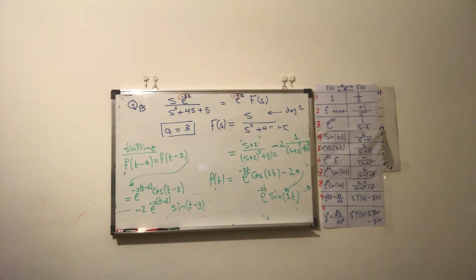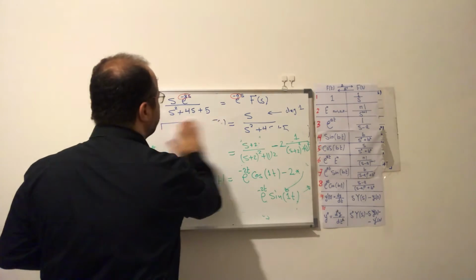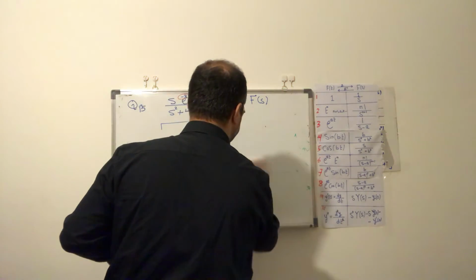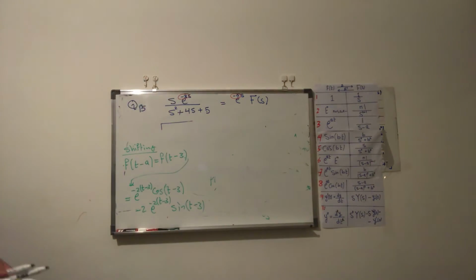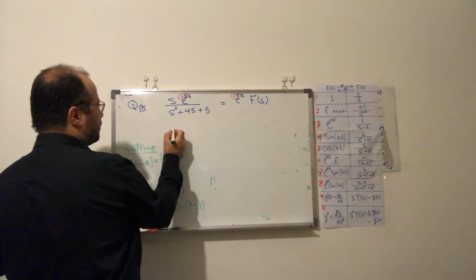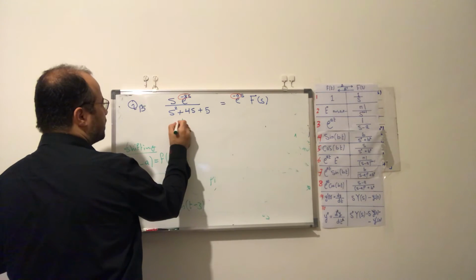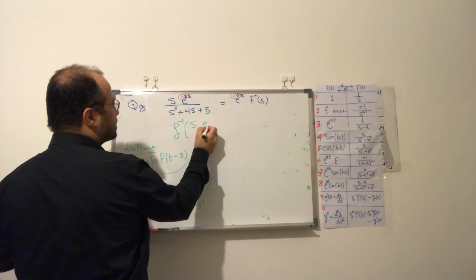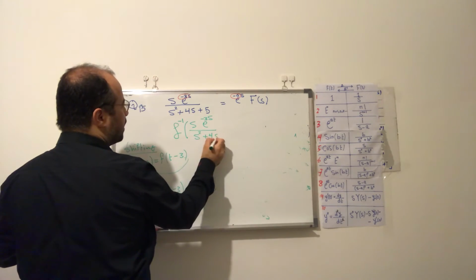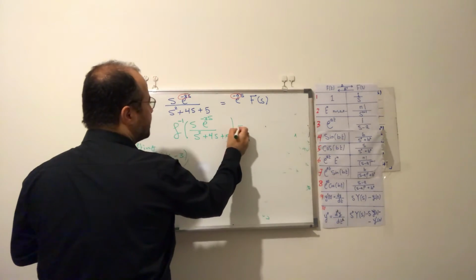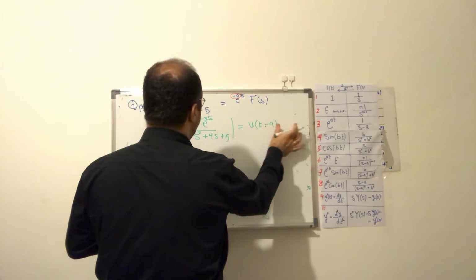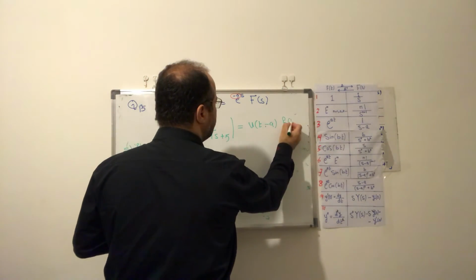Now going back, what is the Laplace inverse of this thing? We want now to rewrite everything. Laplace inverse of (s minus 3) s over s squared plus 4s plus 5 will be u of t minus a times f of t minus a.